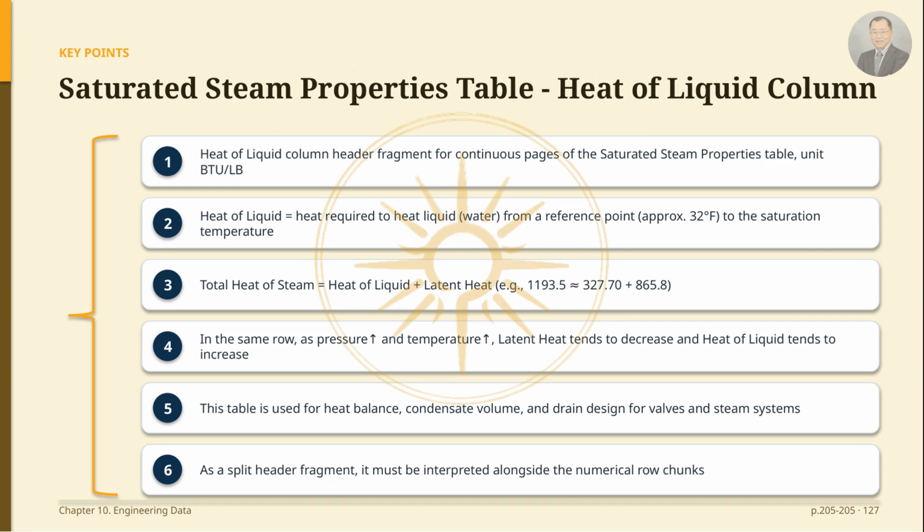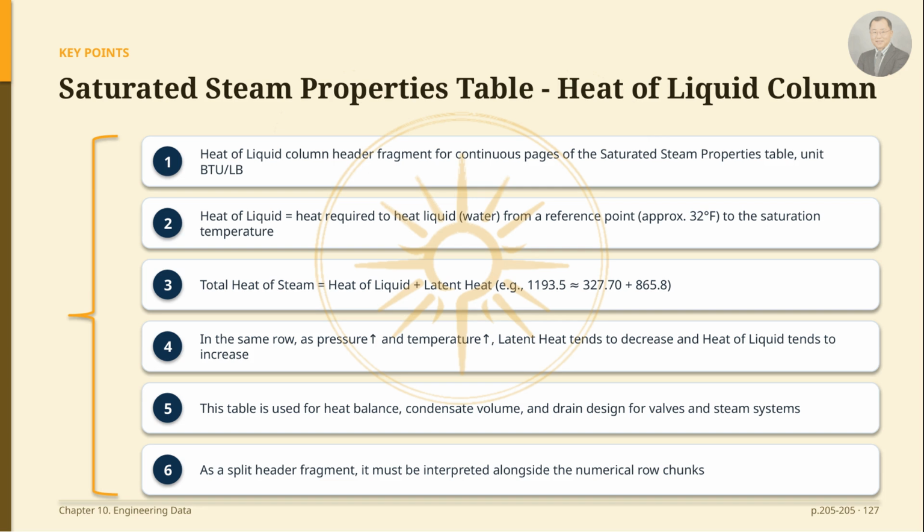For example, if the sensible heat of liquid is 327.7 and the latent heat of evaporation is 865.8, the total heat of steam will be around 1193.5.